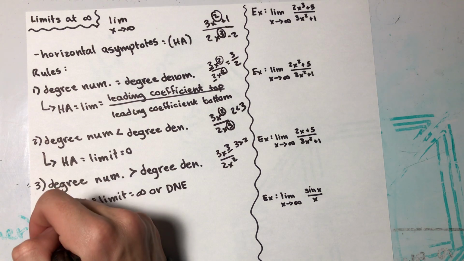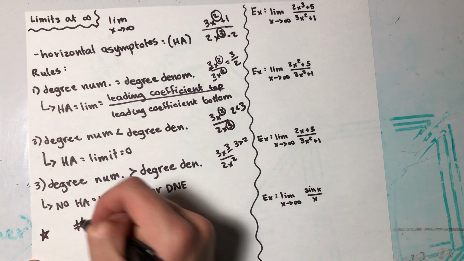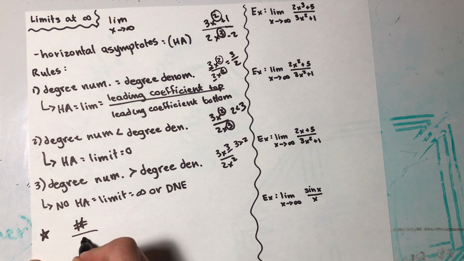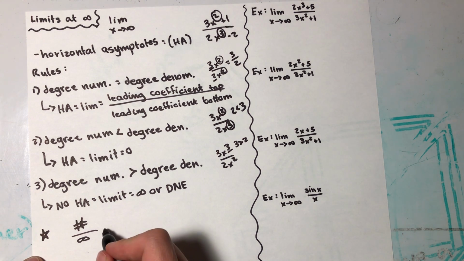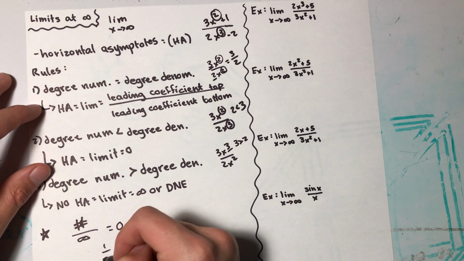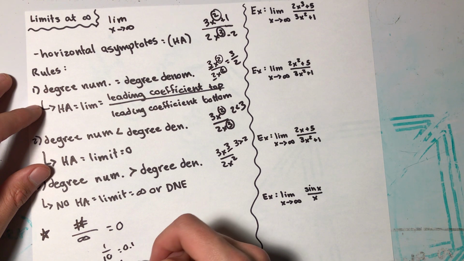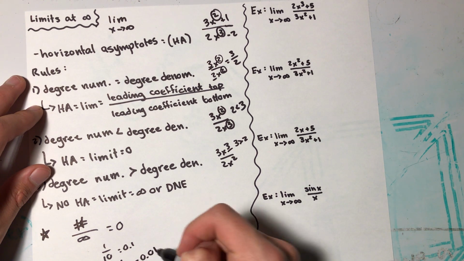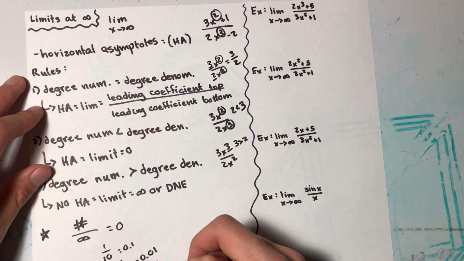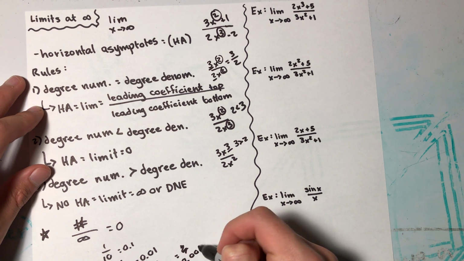And just an important thing to note, if you have some number, using a pound sign to represent some number, over infinity, that's going to equal 0. Because if you have 1 divided by 10, that equals 0.1, 1 divided by 100 equals 0.01, and 1 over 1,000 equals 0.001.